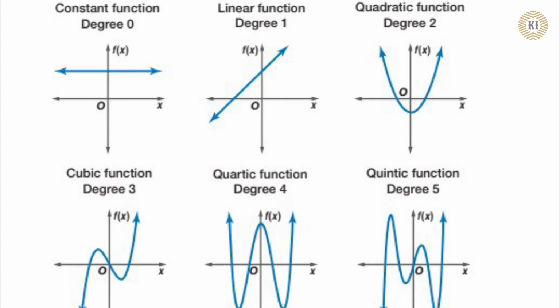Next one is a cubic function or cubic polynomial, so it is cutting the x-axis at 3 points. Same way for 4 and same way for 5. What I mean to say is that however much the degree is, that many zeros will be there, and at that many points the graph will cut the x-axis.